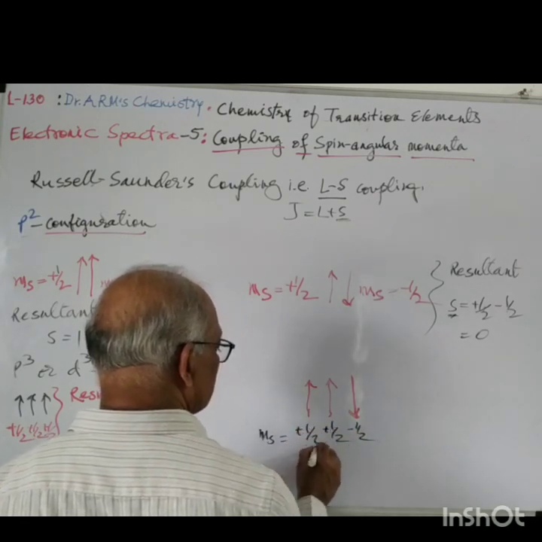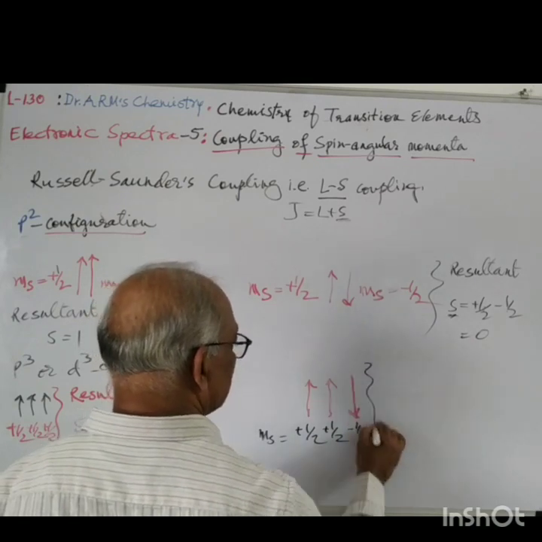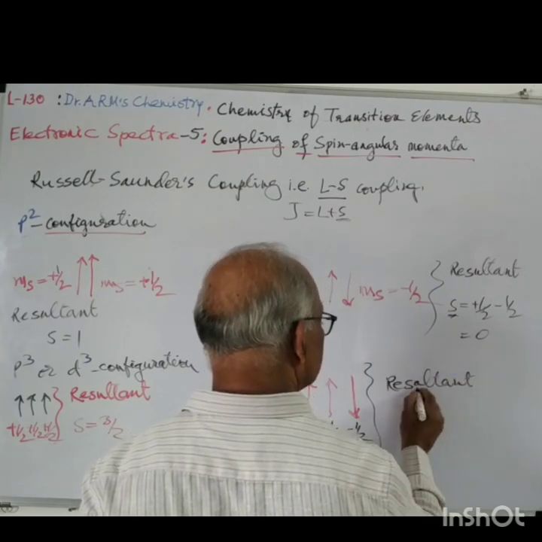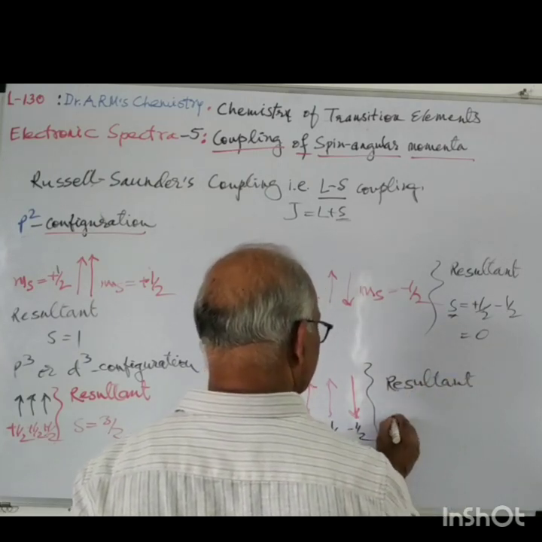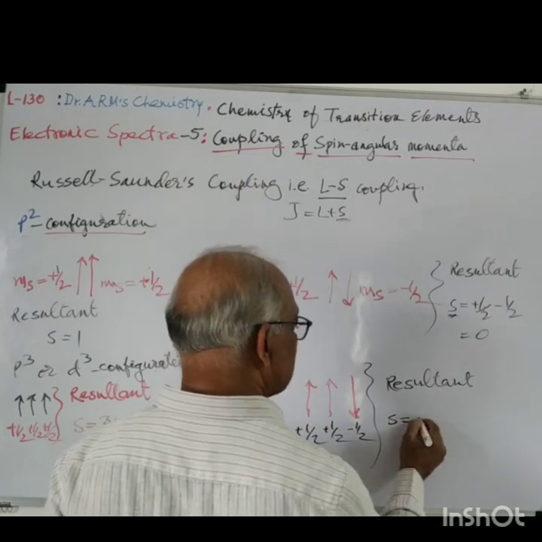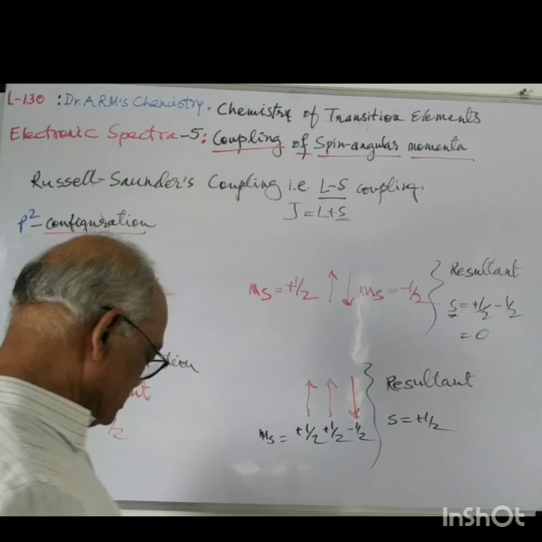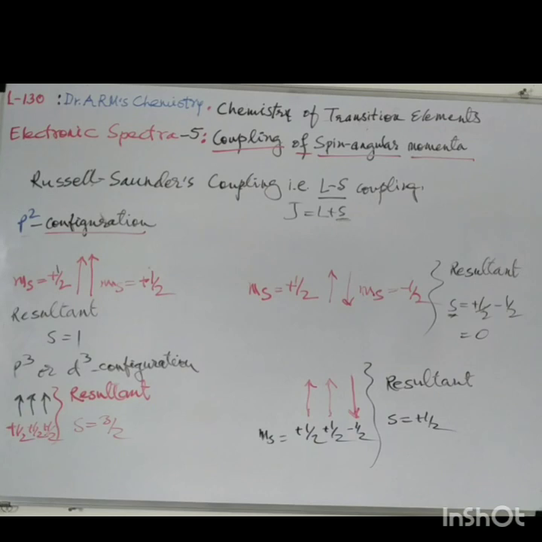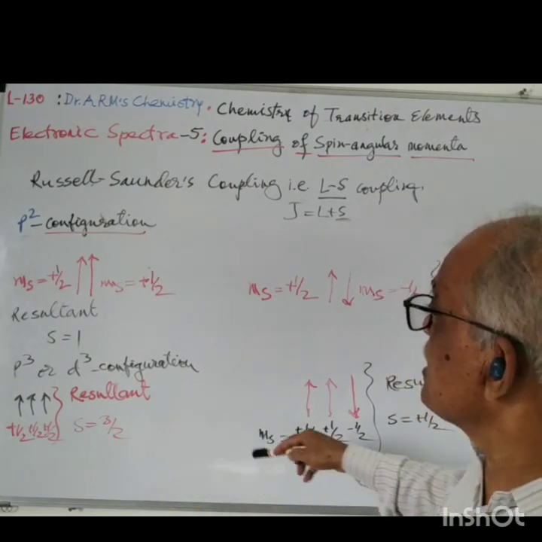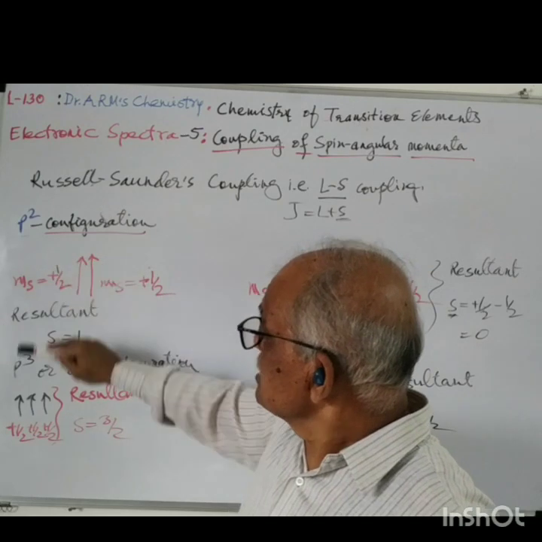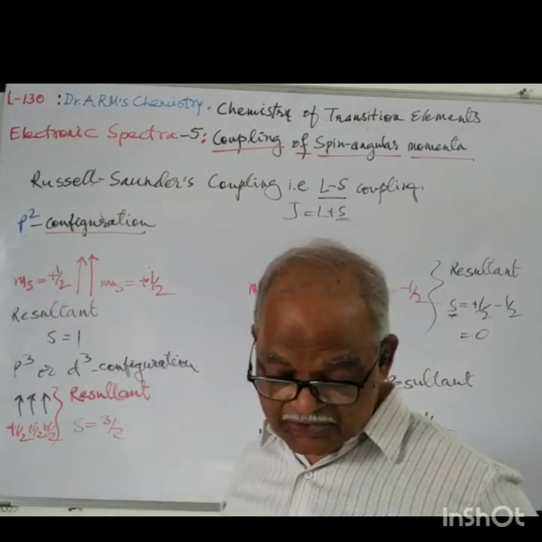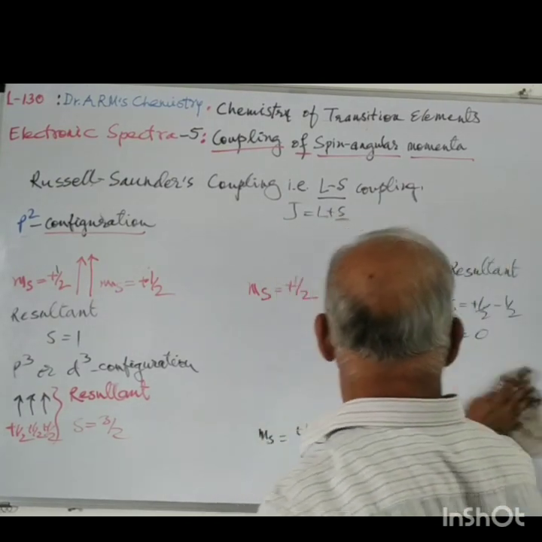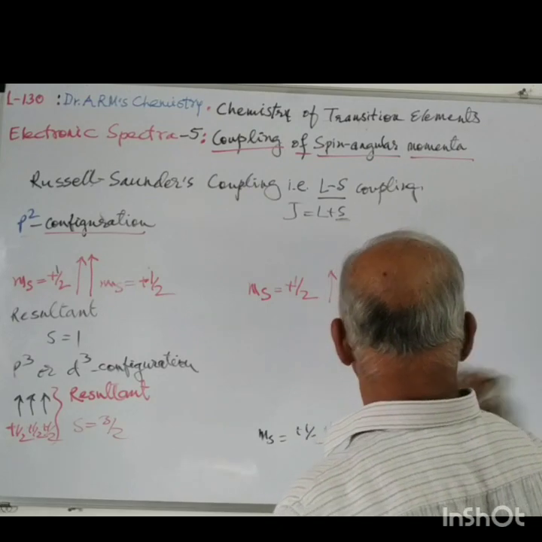This has plus 1/2. So the total resultant S is equal to 1/2. So the spin magnetic moment, or total spin, for this p3 or d3 is shown in this. Now we will see the LS coupling.